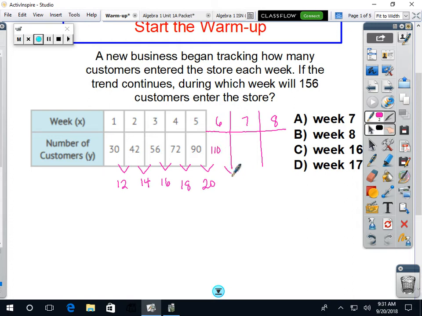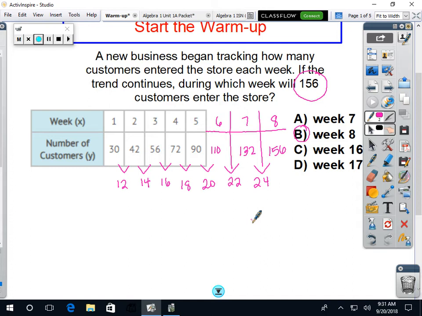And then the next increase would be by 22, and that would bring us up to 132. And then the next increase would be by 24, and 132 plus 24 is 156, which is what we were trying to figure out when that many customers would enter the store, and that occurred at week 8.